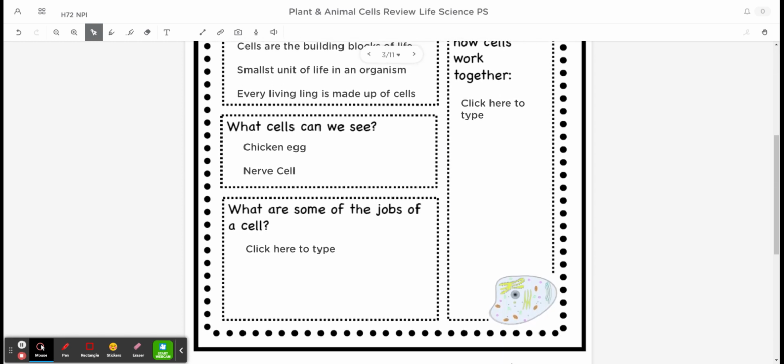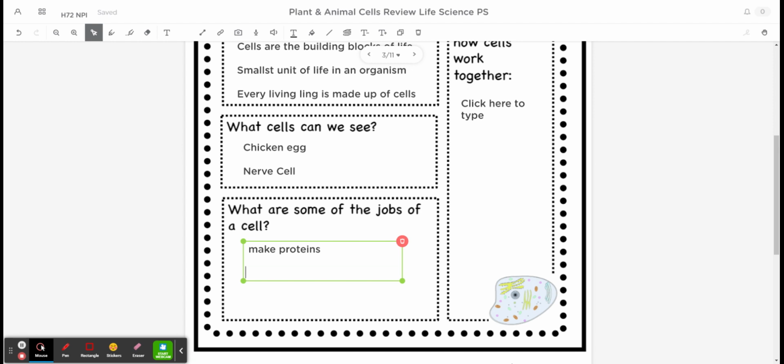All right, so then what are some of the jobs of a cell? You have different ways of explaining this. There's multiple ways, but a few of the jobs we could talk about would be that they make proteins for us.